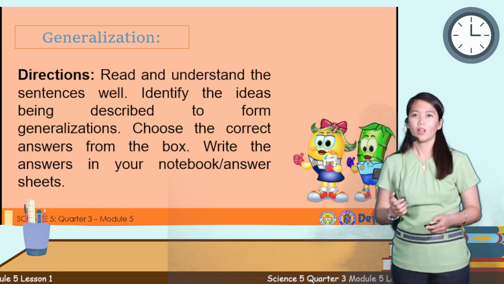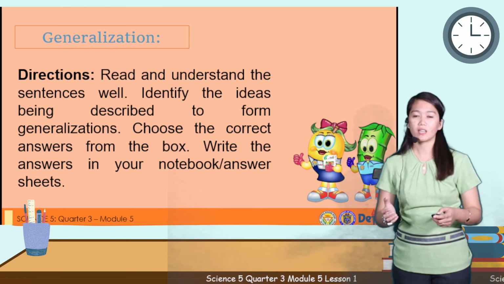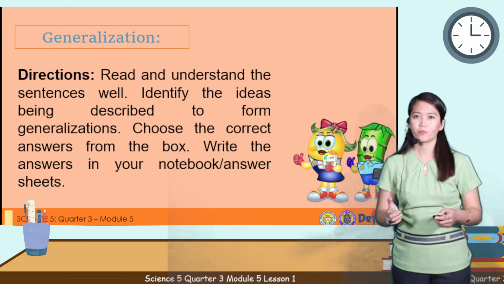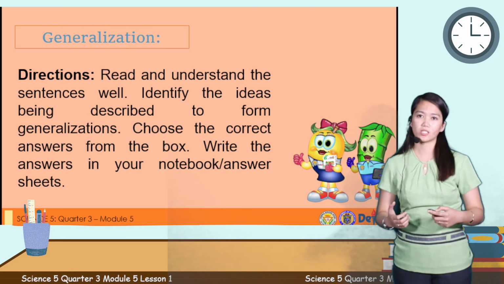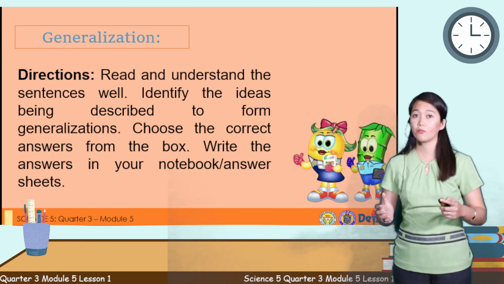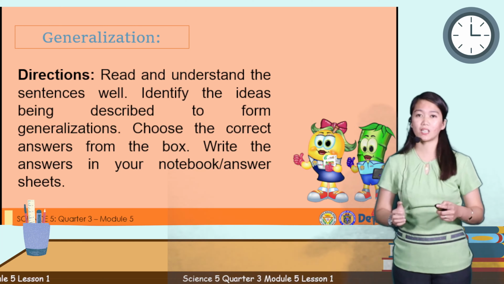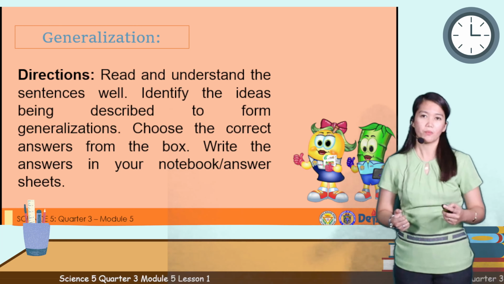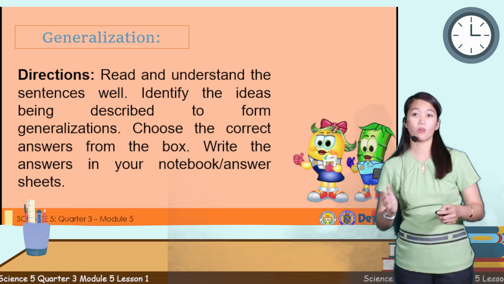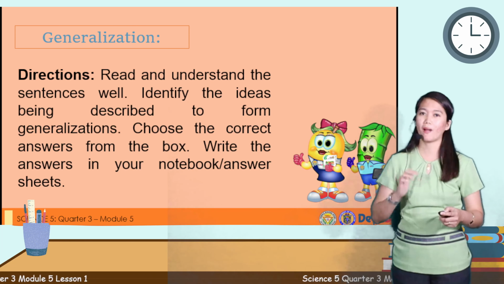Now, let us have another activity for you to understand carefully our lesson. You are going to identify the ideas being described to form generalizations. You are going to choose the correct answers from the box.